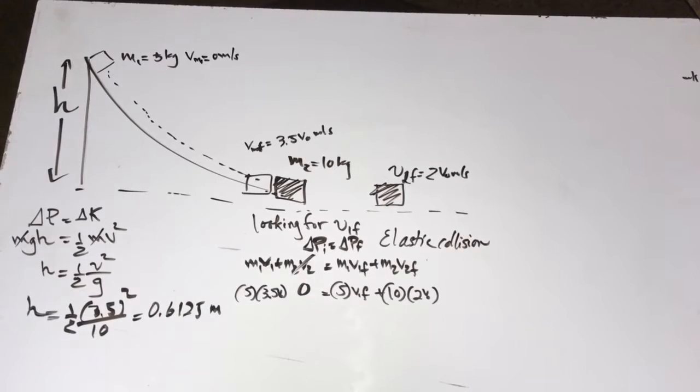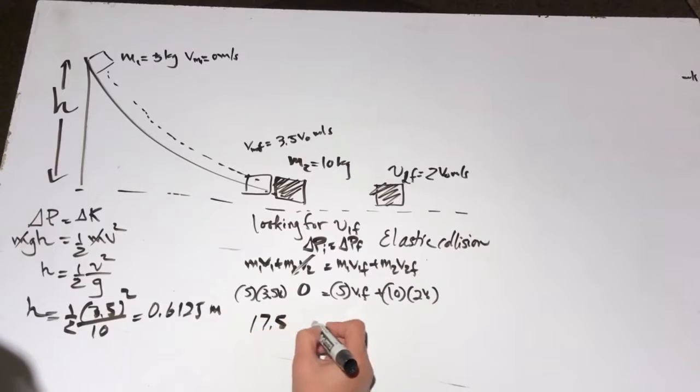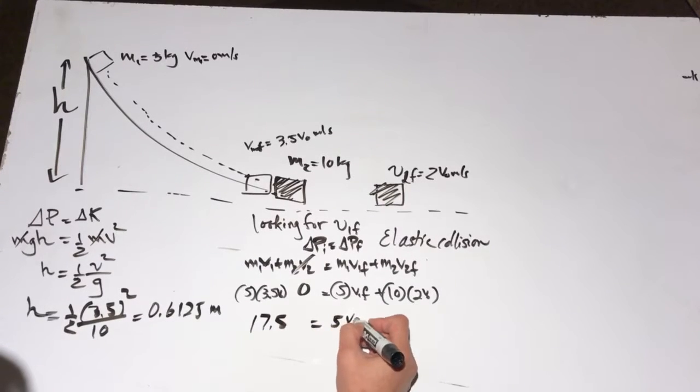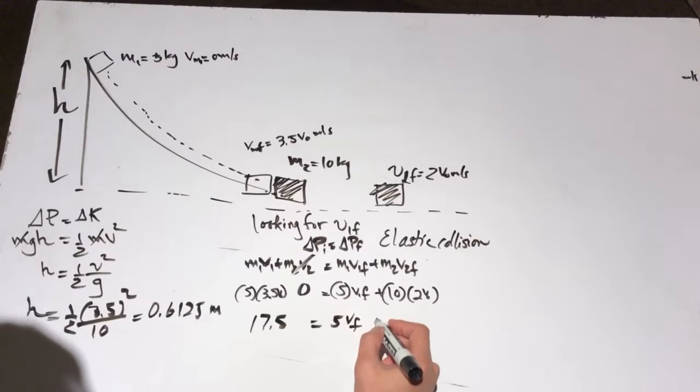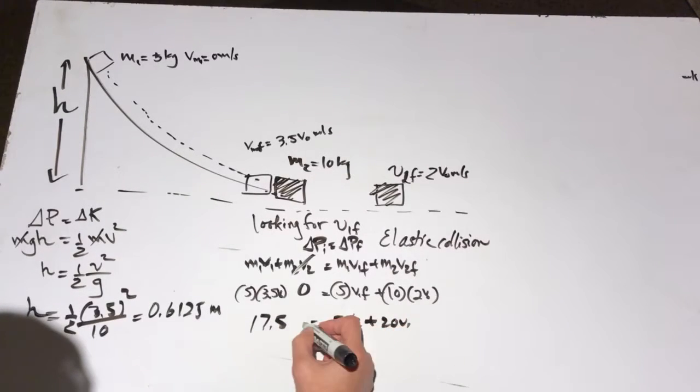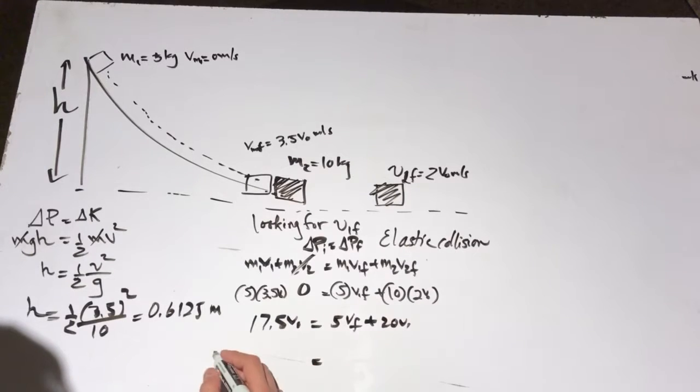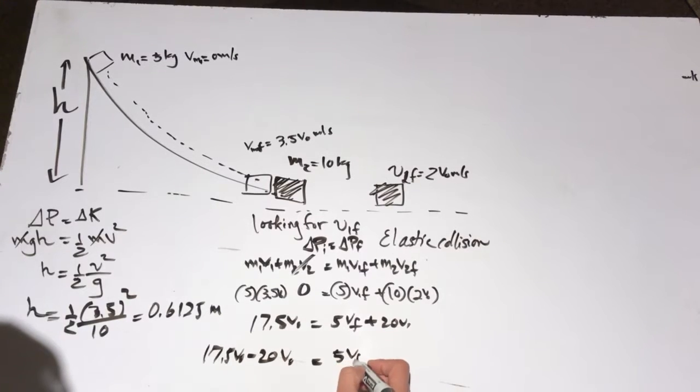So just do the math first. 5 times 3.5 is equal to 17.5, and that's 5 VF, plus 10 times 2v0, that's 20 v0. Now we subtract: 17.5 minus 20 v0 is equal to 5 vf.